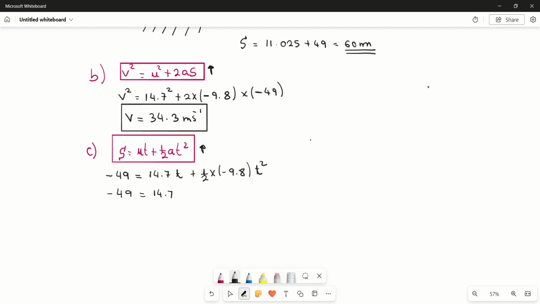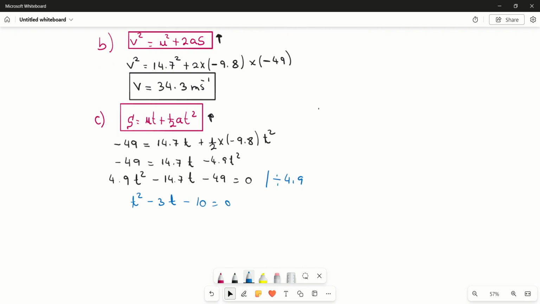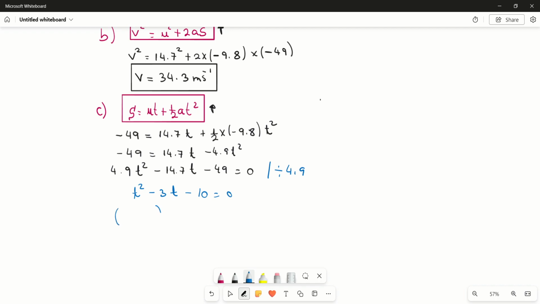So it's 14.7 t minus 4.9 t squared. If I rearrange, I have 4.9 t squared minus 14.7 t minus 49 equal to 0. I would like to divide everything by 4.9. I get t squared minus 3t minus 10 equal to 0, which now I can factorize.